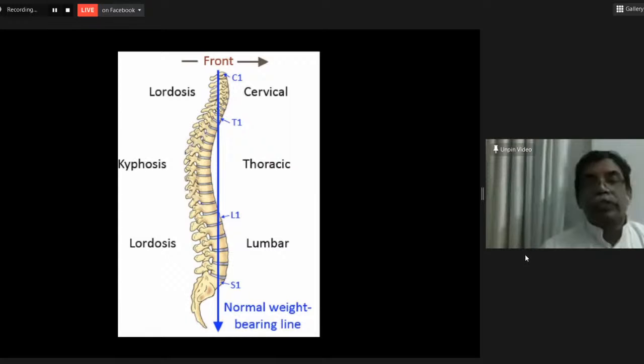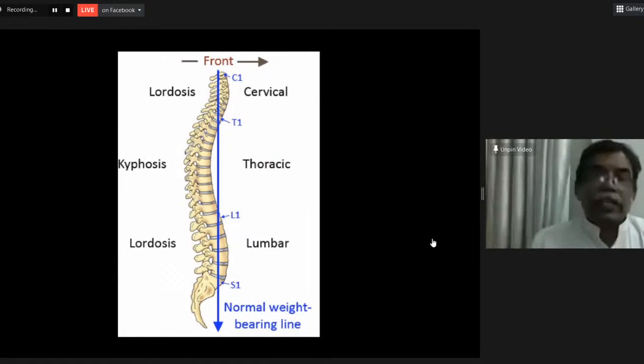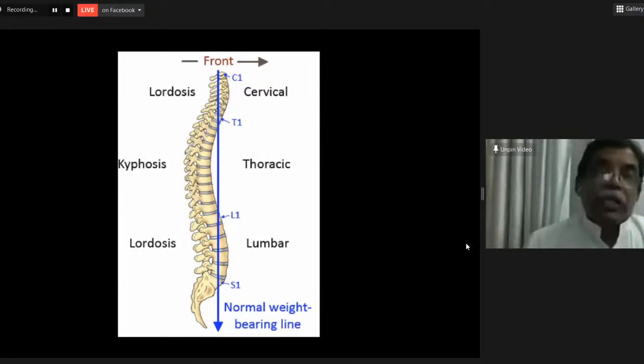See, when you look at the way the center of gravity traverses when a person walks, we find that it hardly deviates. Walking, there is a movement at the hips and knees, but the center of gravity does not move much.